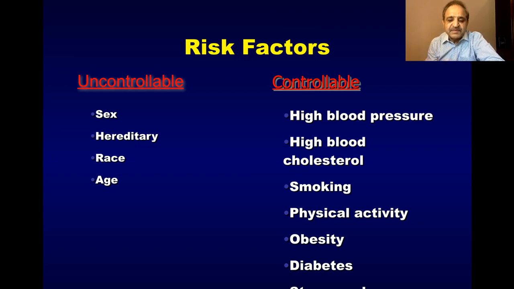And you must remember the targets in patients who are suffering from ischemic heart disease. The LDL level should be below 70 milligram per deciliter, and the triglyceride level should be below 150 milligram per deciliter.